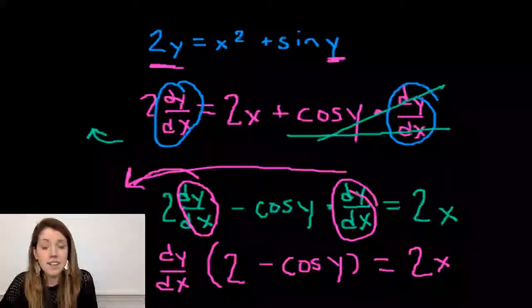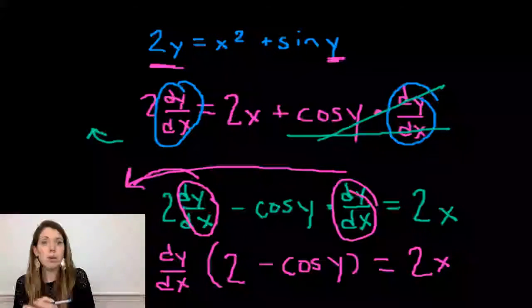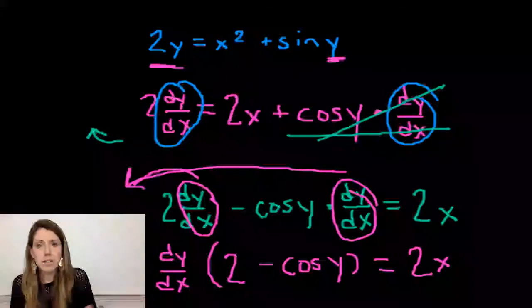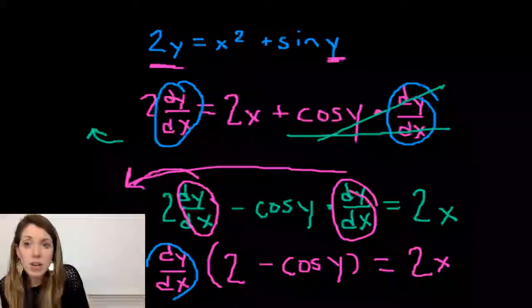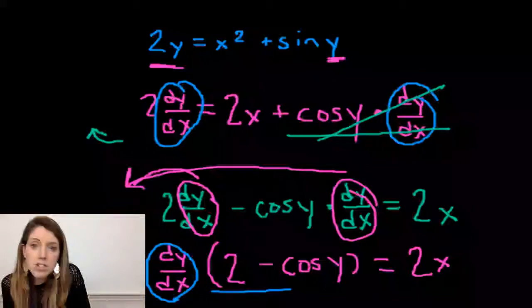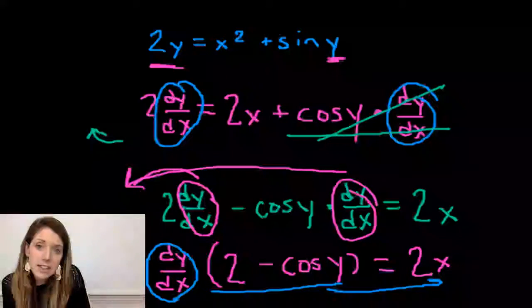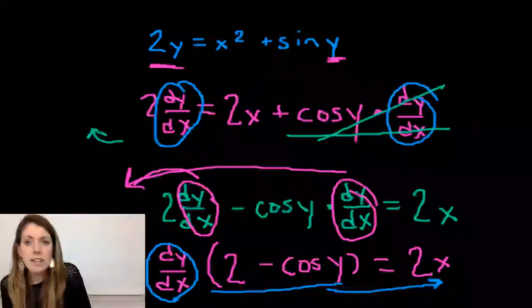We're almost there. Remember I said we know we're done with this problem when we have an equation that says dy dx on one side equals a bunch of stuff on the right. We already are down to the part where we only have one expression of dy dx. All we need to do is take this and divide it away to the other side. Because I don't like squeezing things in, let me just rewrite this.